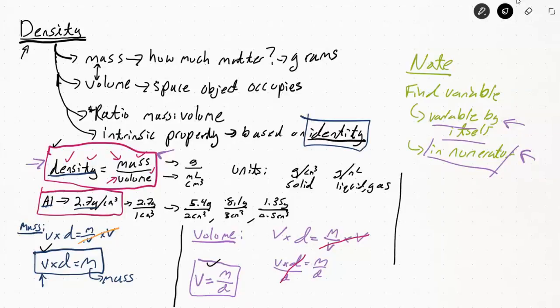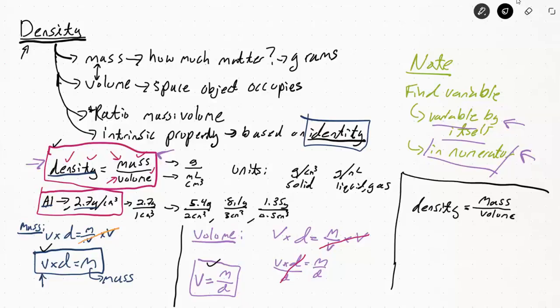Just to summarize real quick, let's write those three equations over on the side here. We started the video off by talking about how density was equal to mass divided by volume, that it's a ratio between these two quantities, which means that it will scale up into different forms, and it'll always be 2.7 for a specific ratio of mass to volume.